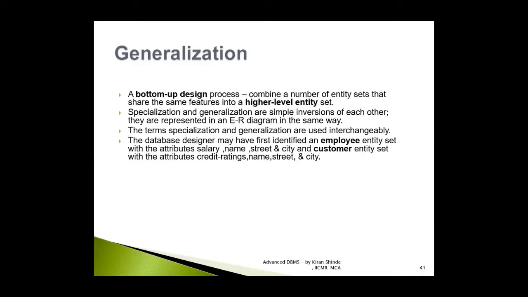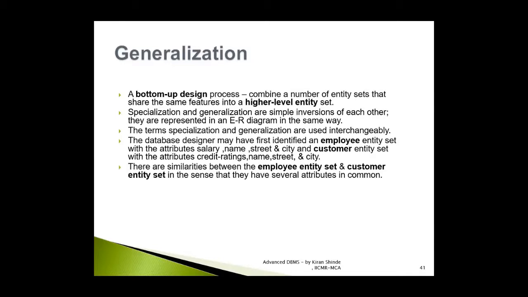The database designer may have first identified an employee entity set with attributes such as salary, name, street, and city, and a customer entity set with attributes credit rating, name, street, and city. So maybe the designer has identified these two entity sets. There are similarities between the employee entity set and customer entity set in the sense that they have several attributes in common.